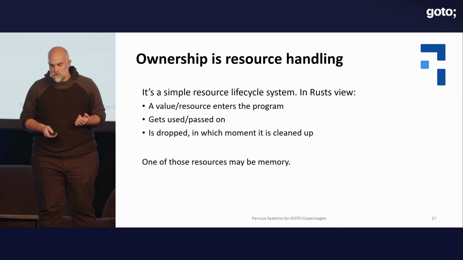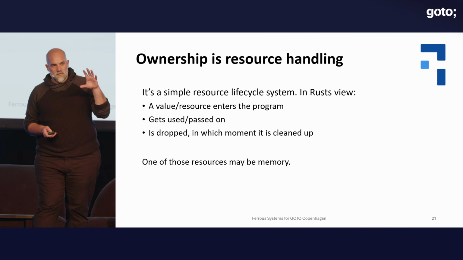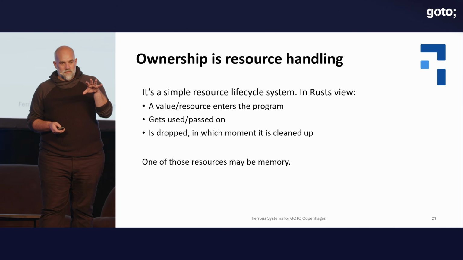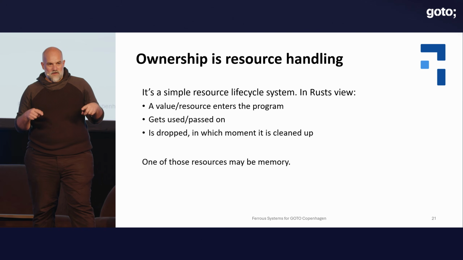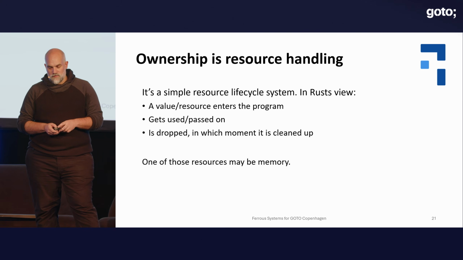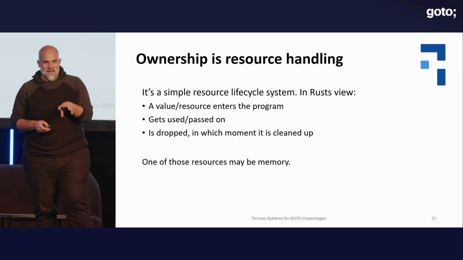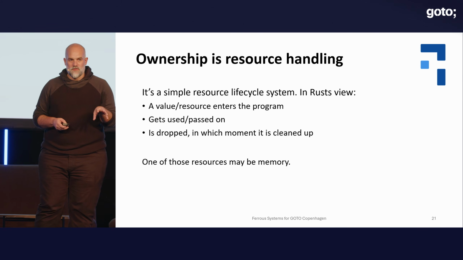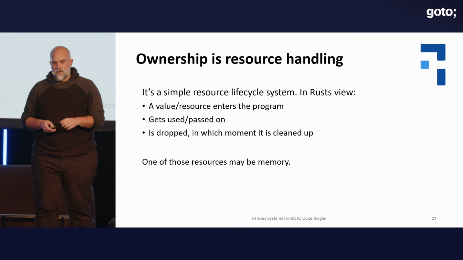In particular, if we look at the file, what we're looking at is a value that enters the program, gets used in some way, passed on, and when you drop it, it gets cleaned up, which in the case of a file means it is closed. And so Rust ownership is about resource handling, and one of those resources may be memory. It's often attributed to being a feature that is there for memory safety, but it's actually for resource safety.